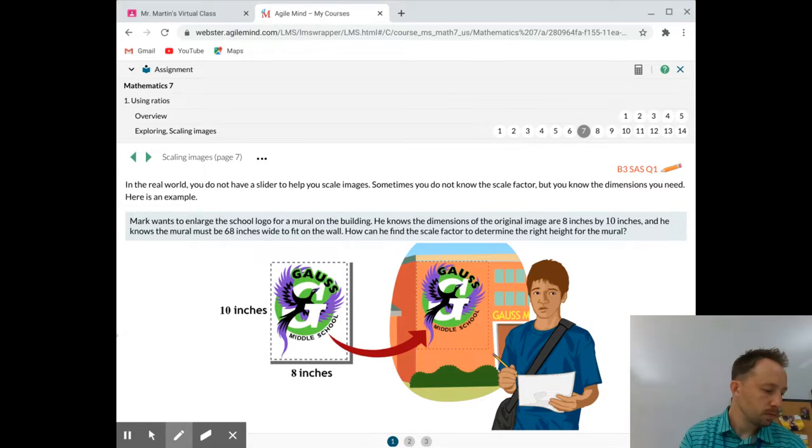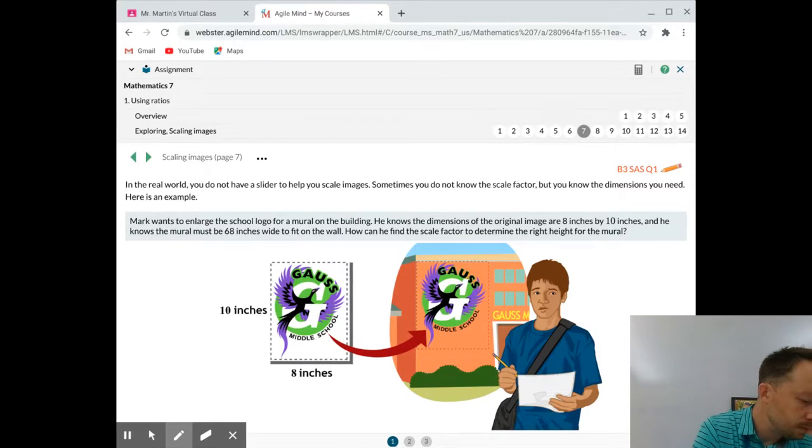In the real world, you do not have a slider to help you scale images. Sometimes you do not know the scale factor, but you know the dimensions you need. Here in an example, Mark wants to enlarge the school logo for a mural on the building.